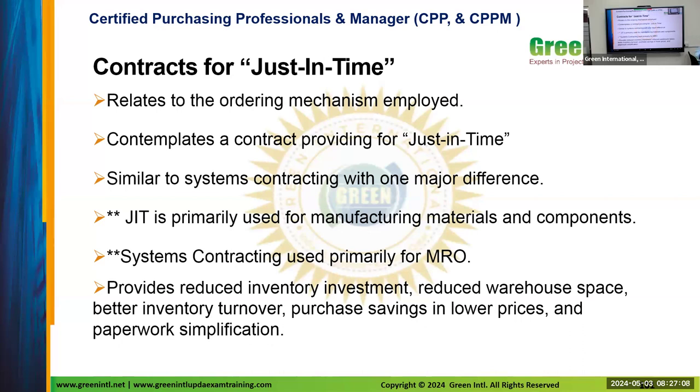Then they try to reduce the inventory at the factory shop floor. Then they try to reduce the inventory in the final finished goods dispatch section. It provides reduced inventory investment, reduced warehouse space, better inventory turnover, purchase savings in lower prices, and paperwork simplification.